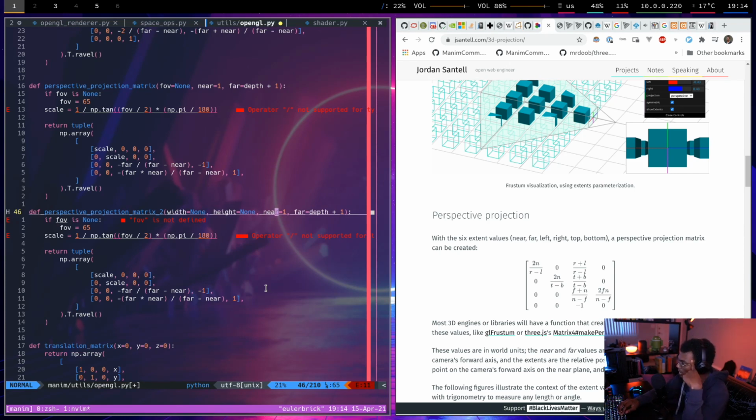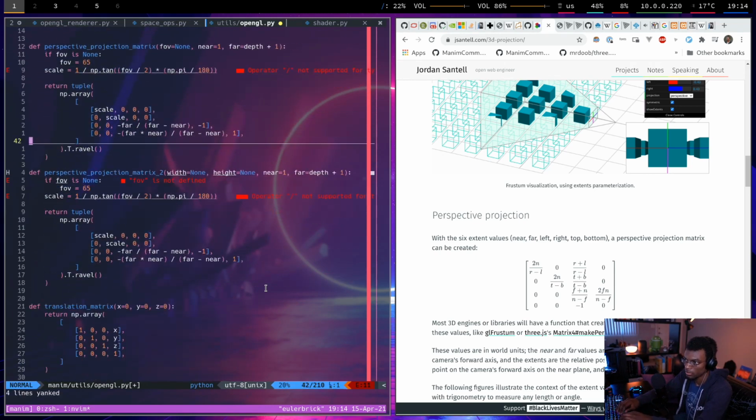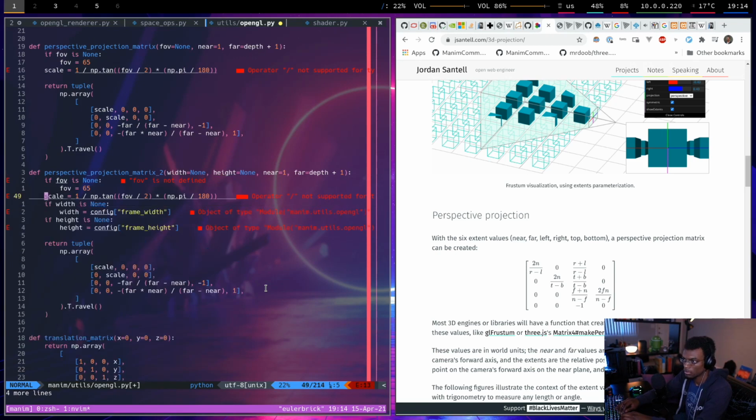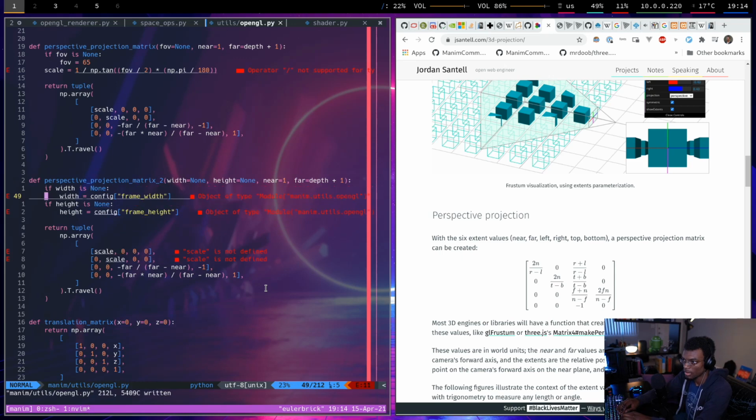Near equals 1, and the far can be depth plus 1. Then I can take the defaults from the dimensions on the screen. So that'll give me the width and the height. And then I'll basically just copy this verbatim.